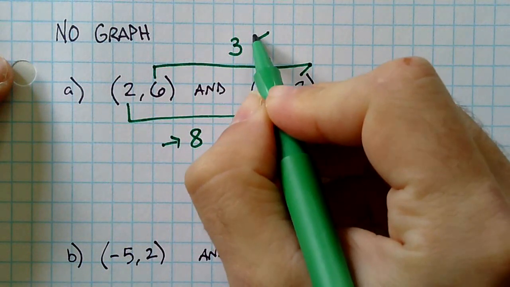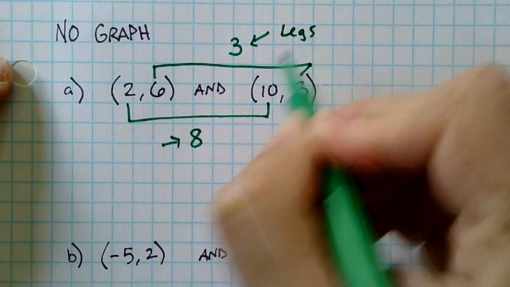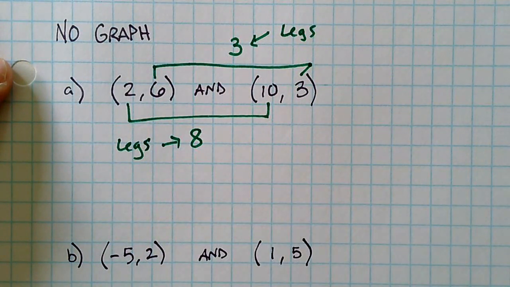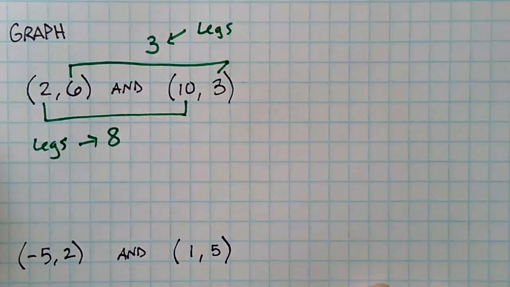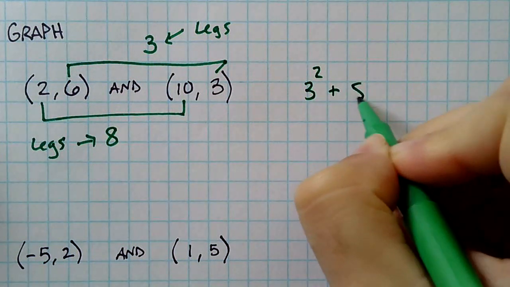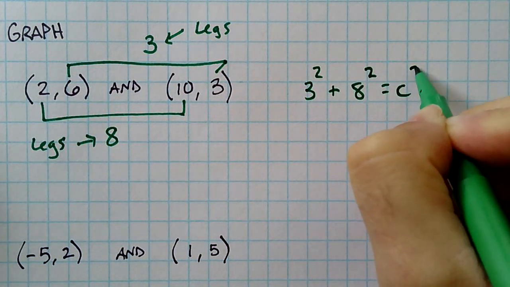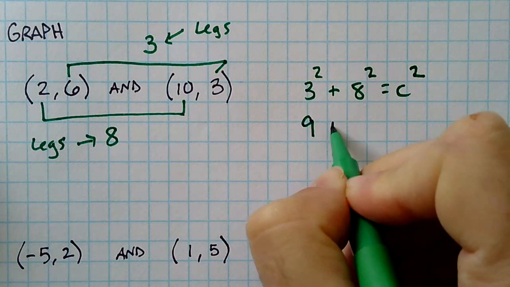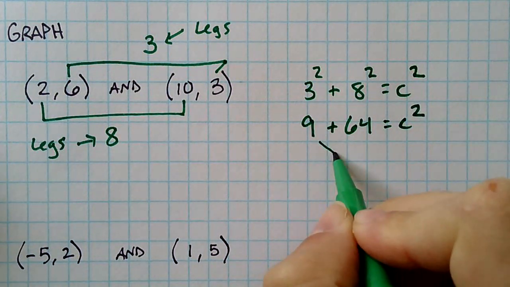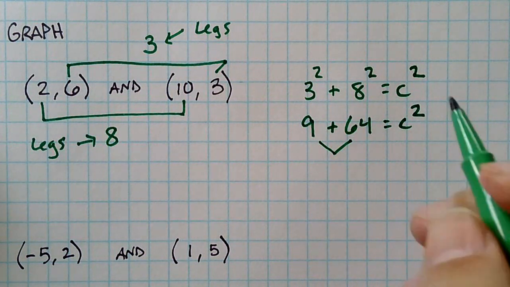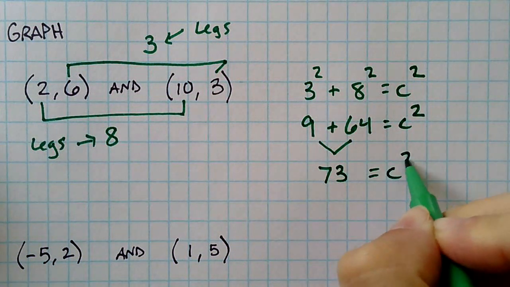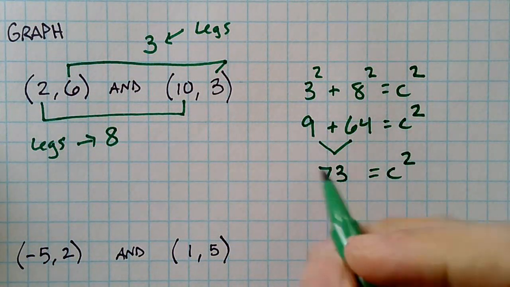These two values are the legs of the triangle if I were to draw it, so we'll use those as a and b. 3 squared plus 8 squared equals c squared. 9 plus 64 equals c squared. 64 plus 9 is 73. Then we take the square root.